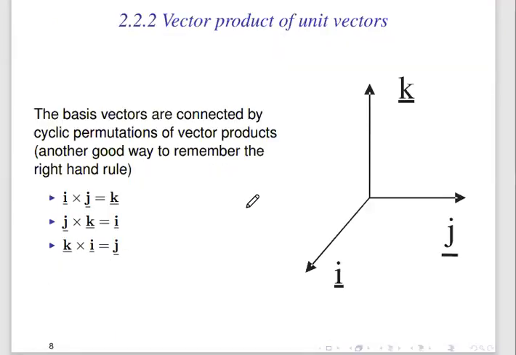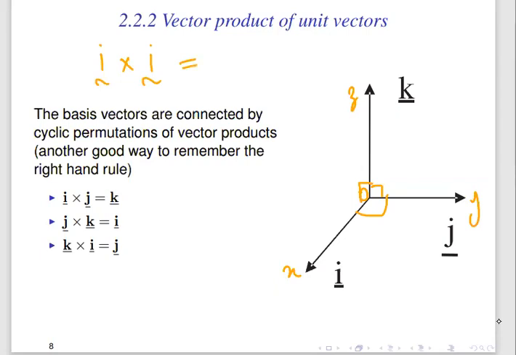Now we can take the cross product of these famous unit vectors. I, J, K are unit vectors along OX, OY, OZ respectively. So they are perpendicular to each other, right? So I cross itself, what is the resultant?